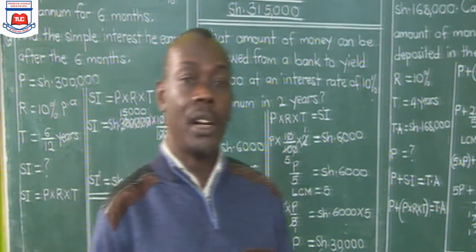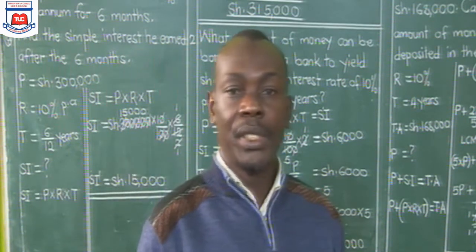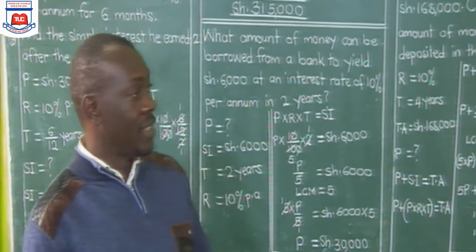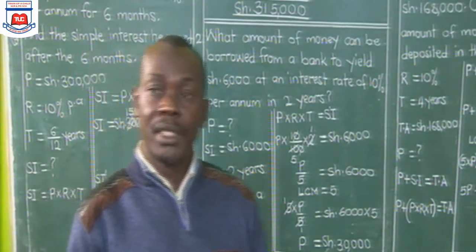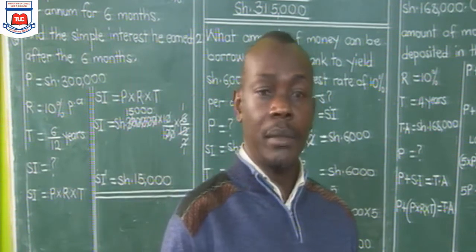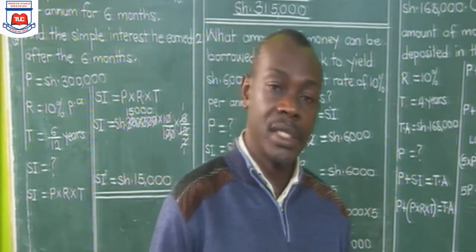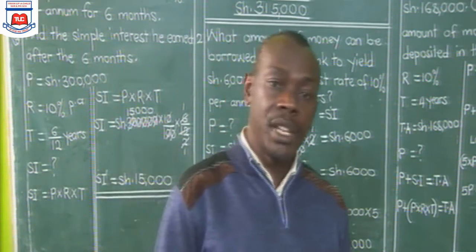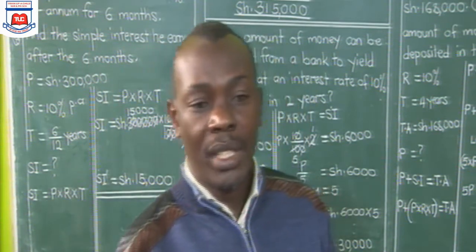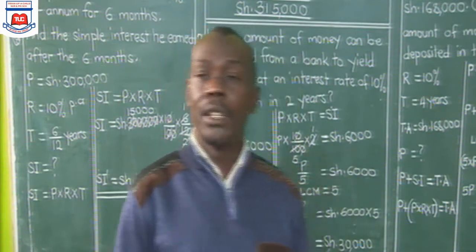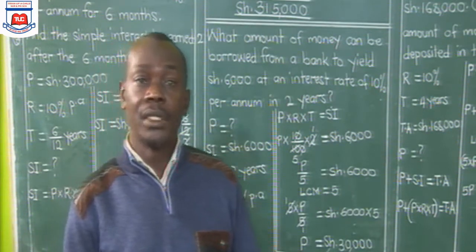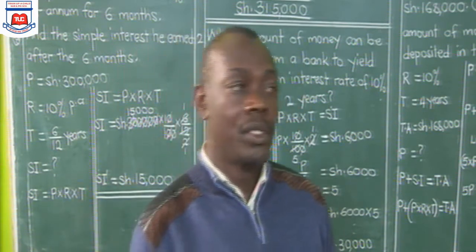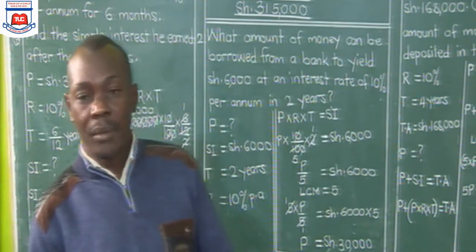Then percentage discount: there's a discount allowed on one item and a discount allowed on many items. When allowed on one item, percentage discount equals discount out of marked price times 100%. When it's allowed on many items, percentage discount equals discount out of total expenditure times 100%.